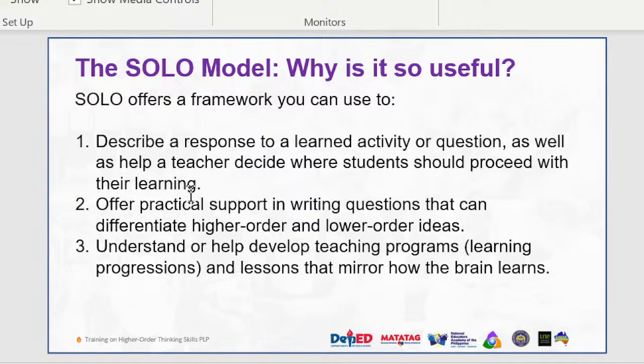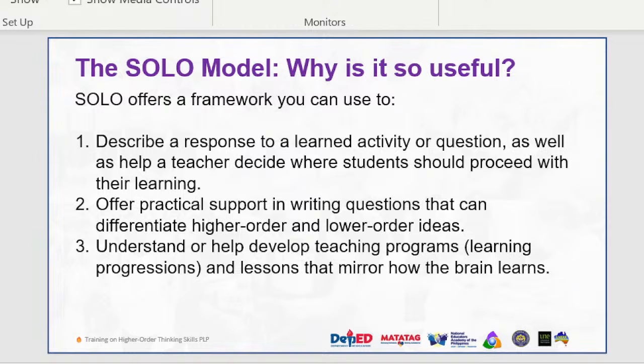It offers practical support in writing questions that can differentiate higher order and lower order ideas. Understand or help develop teaching programs, learning progressions, and lessons that mirror how the brain learns.